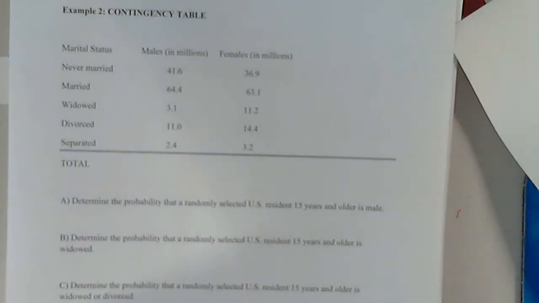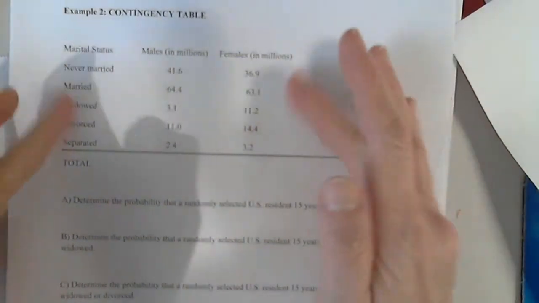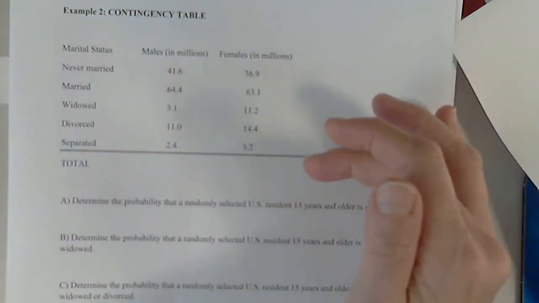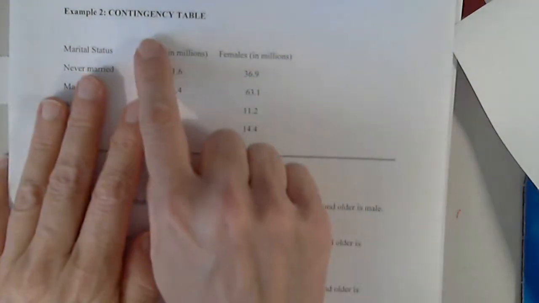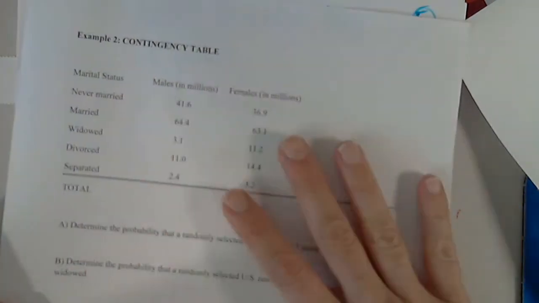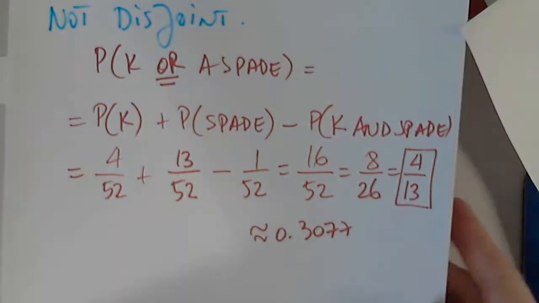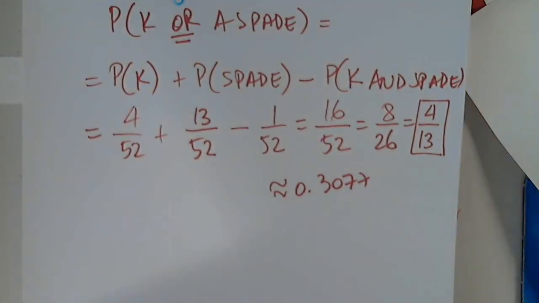At the top of page 2, on the handout, I have copied an example that uses what is called a contingency table. I know you cannot see it because it's much smaller, so I'm going to copy this because I need to discuss what I'm trying to do with this.